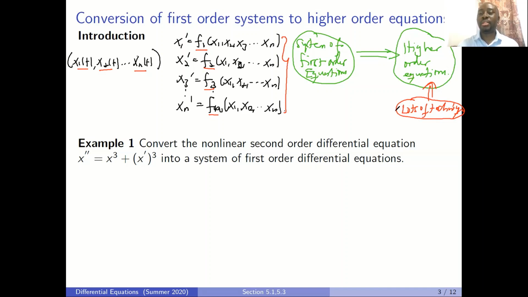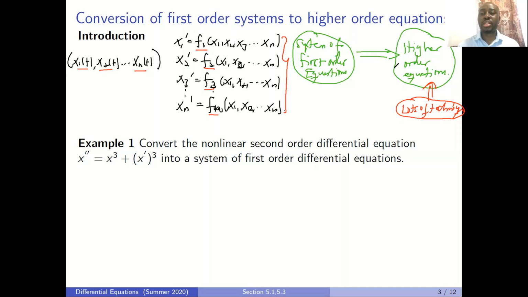Whether it's Laplace transforms for constant coefficients, piecewise continuous functions, or undetermined coefficients, or variation of parameters, or series solutions, we can handle higher order linear equations. So this is going to be the go-to approach for solving systems of equations. When we can conveniently do this, we will convert them to higher order equations.